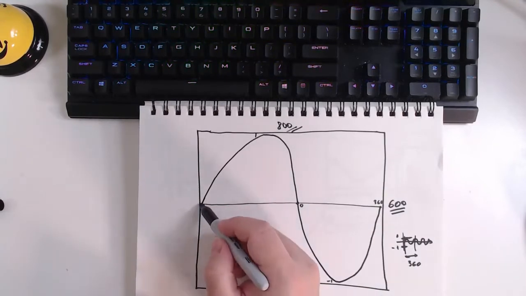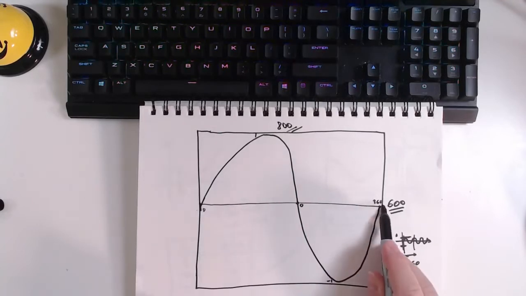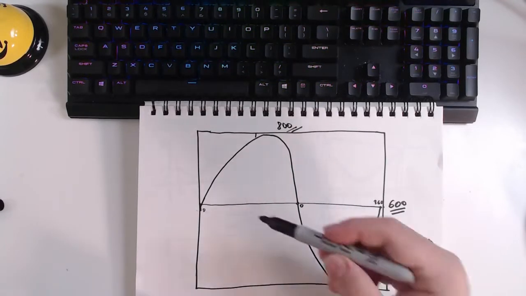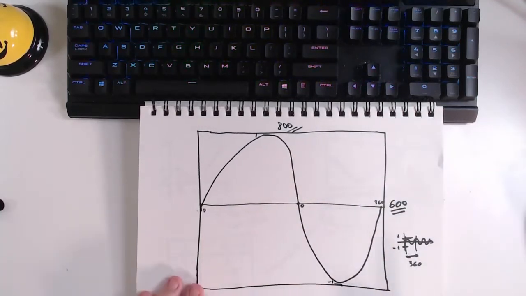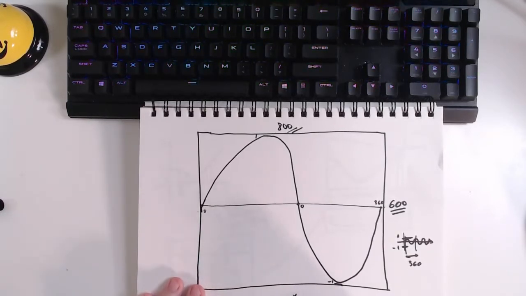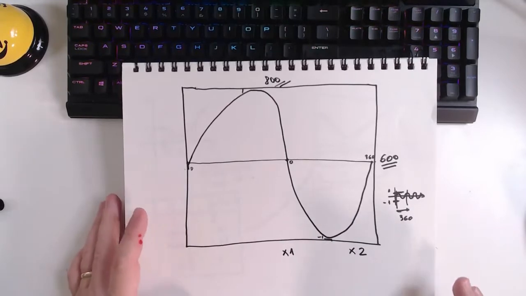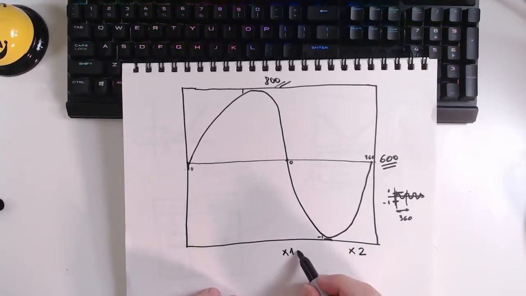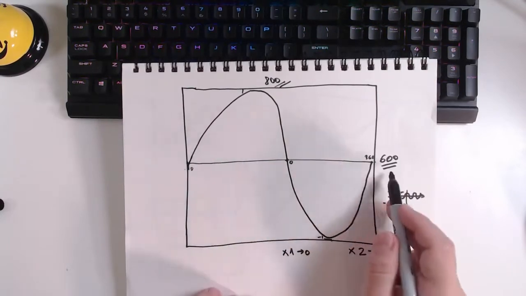But anyway, we have to map now the 0 to 360 to the 0 to 600, which is how many pixels are here, and then map -1 to 1 to the vertical interval here. What will be interesting is to find out the minimum x, but we know the minimum x is x1, so we need to map x1 to 0, and x2 we map to 600 on horizontal.